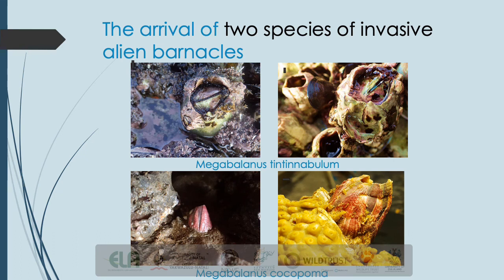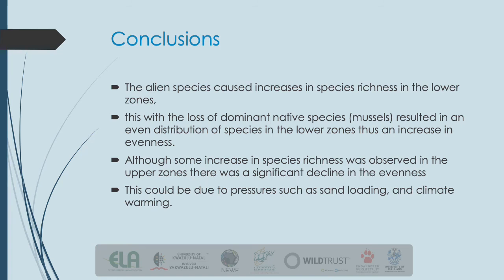In conclusion, we did note increases in species richness, which we believe was due to movement of alien species into the KwaZulu-Natal coastline, and this combined with loss of the native species has resulted in an even distribution in the lower zones, because usually the native mussels, the Perna, tend to dominate and cause a low evenness.